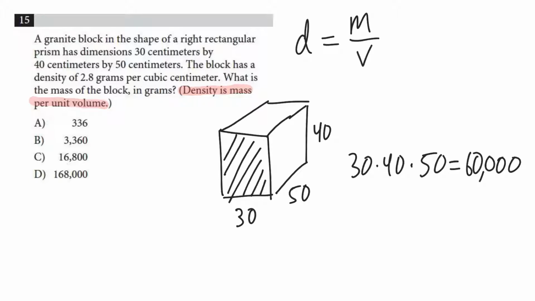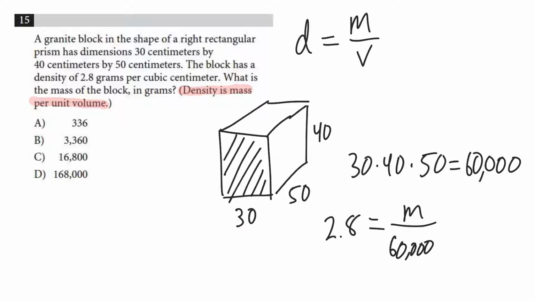Okay, and we know the density is 2.8 grams per cubic centimeter. So we know that the mass is going to be the density times the volume. So we have 2.8 times 60,000. Let me do that on my calculator here.